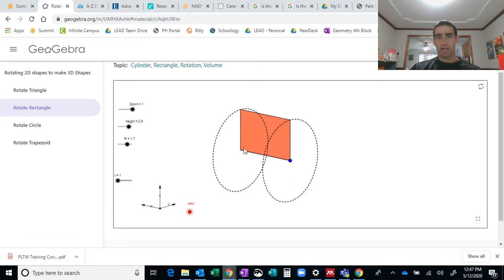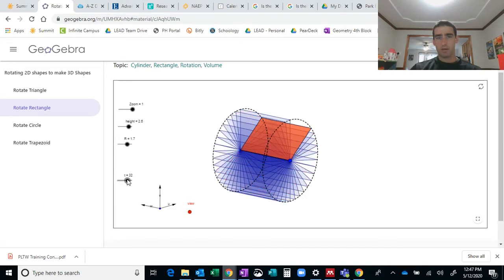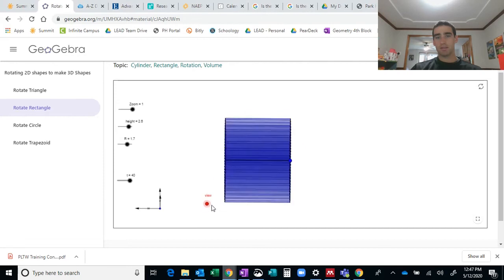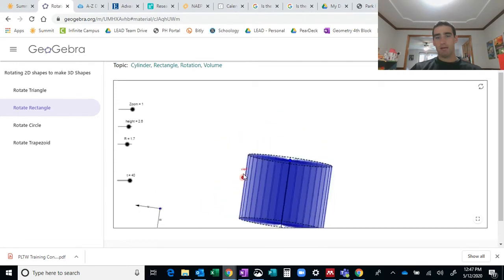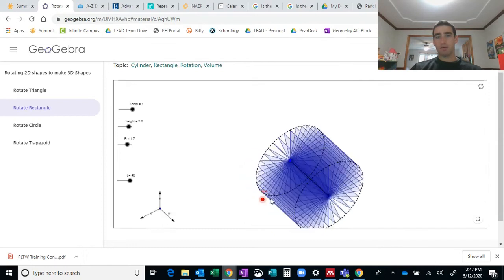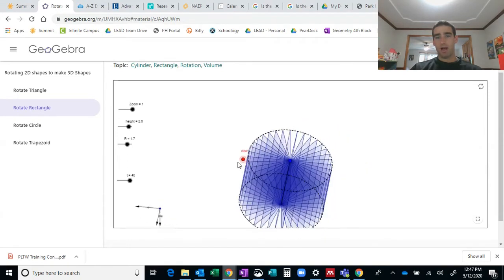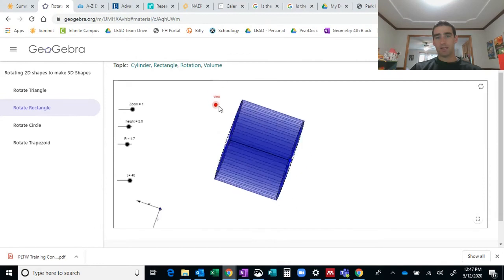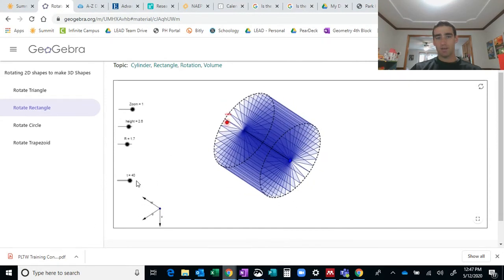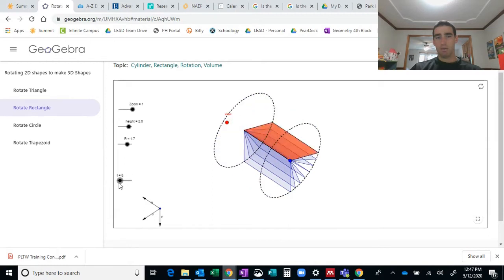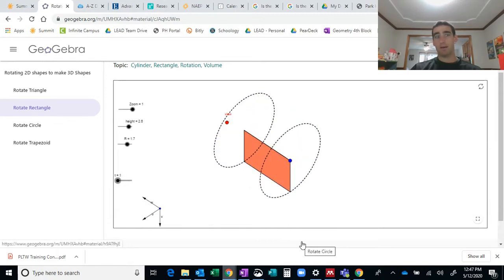Imagine that my pencil was connected to that. Now, we rotated that rectangle all the way around that one line, and what you see now is that I have a cylinder. By rotating, I created a three-dimensional object, and that 3D object is a cylinder. If I unrotate it, I can see that it goes back to being a rectangle.